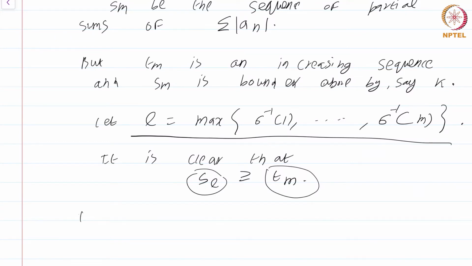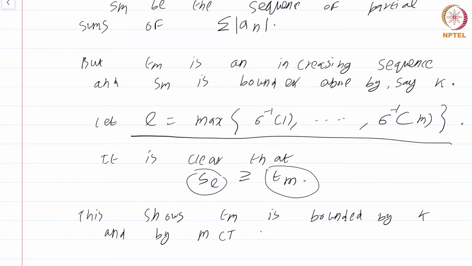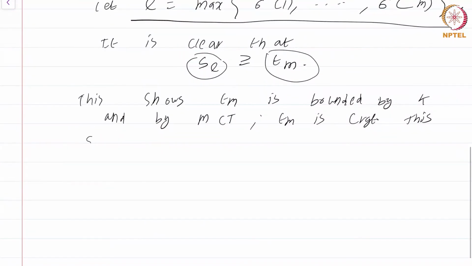This shows T_m is bounded by K, and by the monotone convergence theorem, T_m is convergent. This shows that summation a_{sigma(n)} converges absolutely.